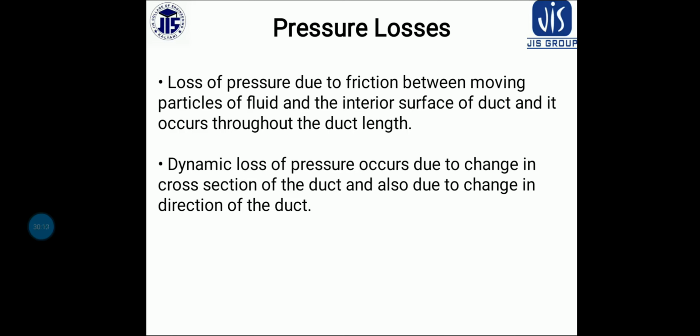Since the aspect ratio of a square section is 1, the square duct or a duct very near a square section is best suited for minimizing the initial and operating cost. So we know that in case of a square duct, the aspect ratio is 1.